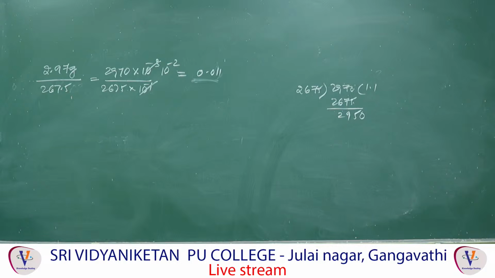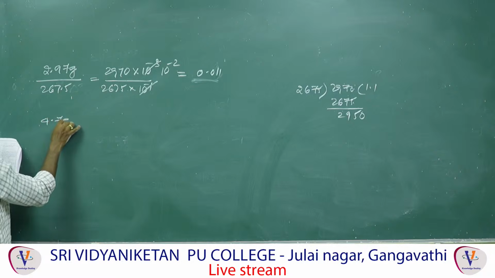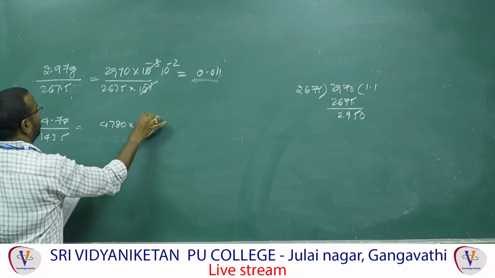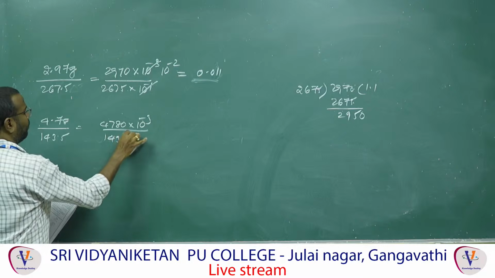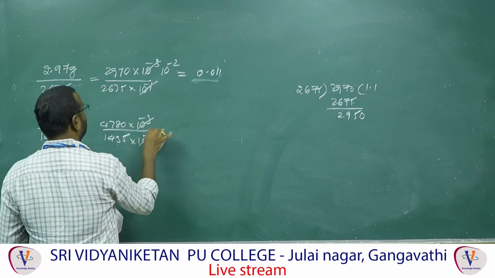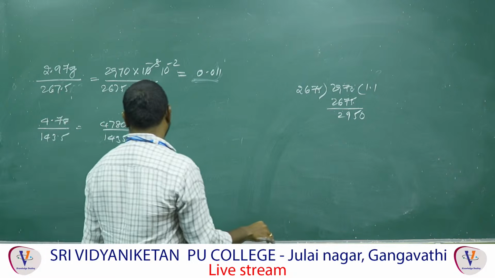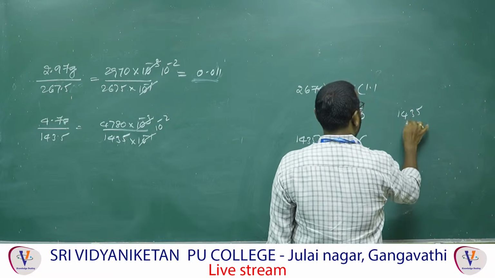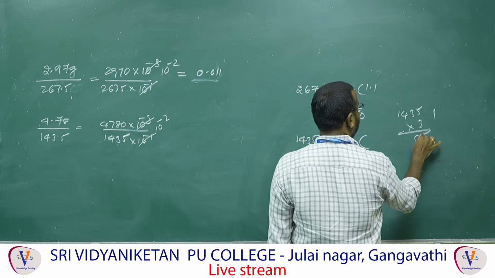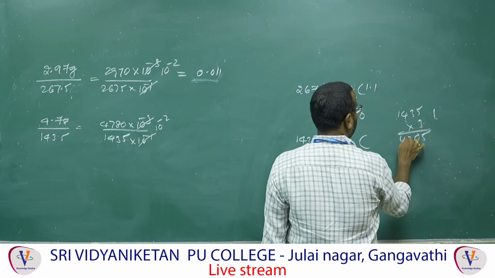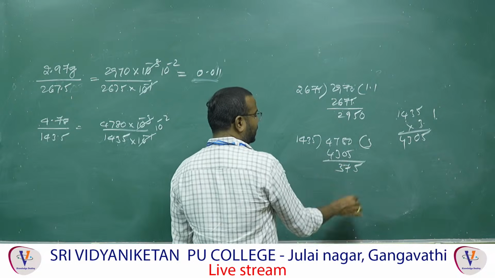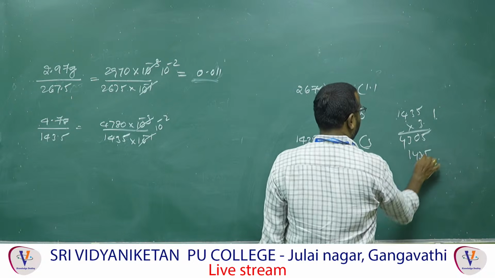And after that, we have the next important thing. We are also given the information of the number of moles of chloride, 4.78 grams by 143.5. I'll write this the same way: 4780 into 10 power minus 3 over 1435 into 10 power minus 1. That's the number of moles of chloride we get. So 10 power minus 2 on the numerator. 1435 into 4780 is almost 3 times.